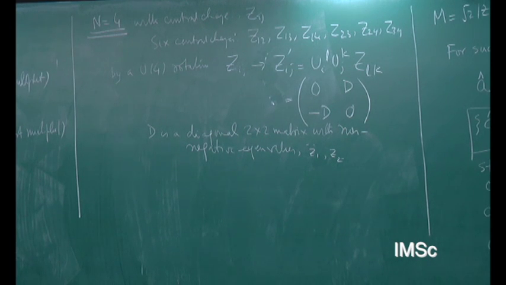This is the more generalized argument, like we had in the N equal to 2 case, where phase rotation did it for us. Here, instead of a U1 or O2 transformation, it's a U4 transformation.